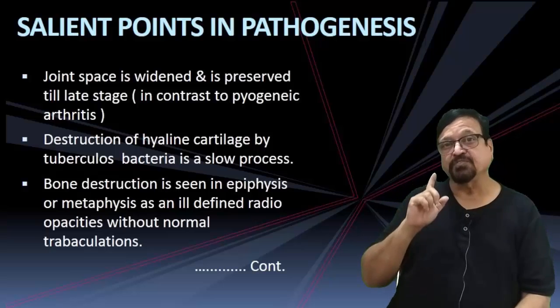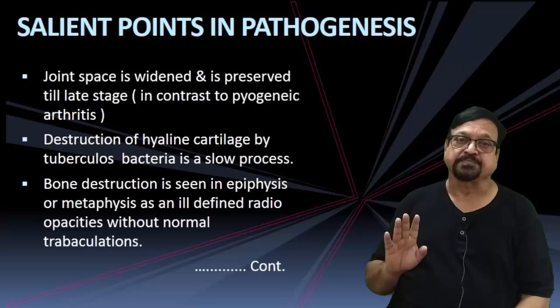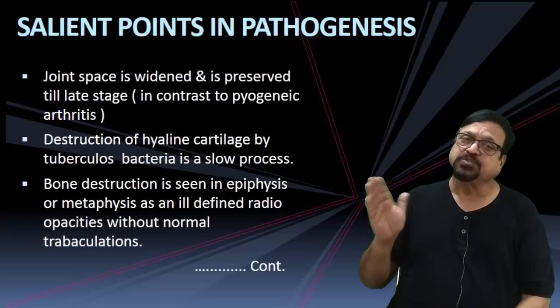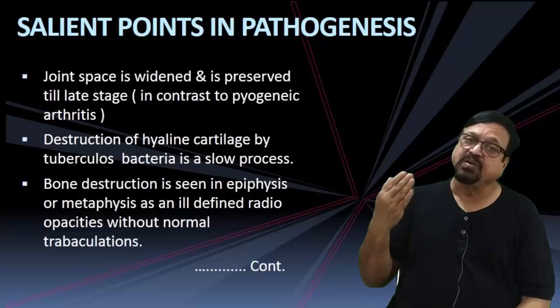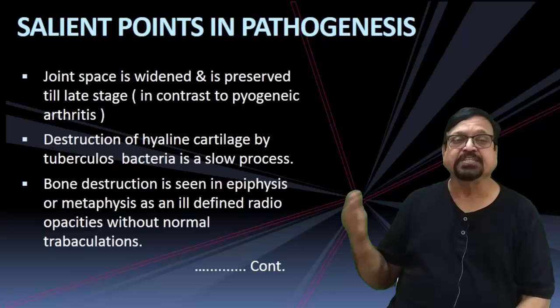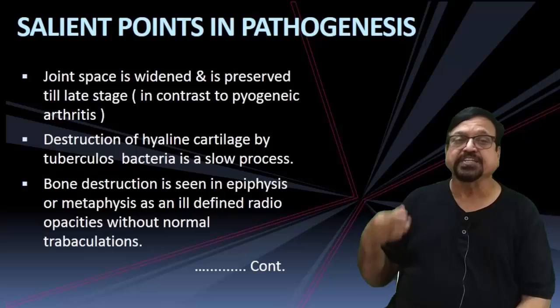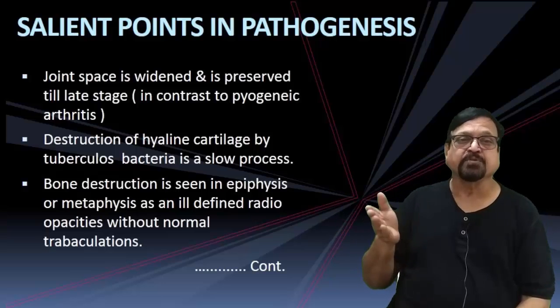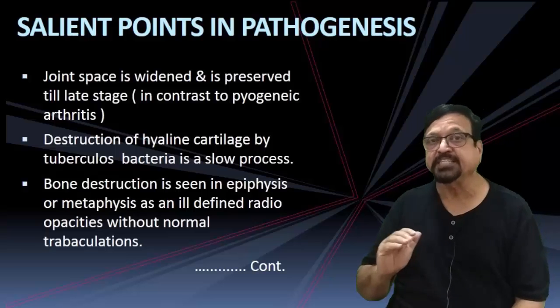Destruction of hyaline cartilage by tubercular bacteria is a slow process. So the patient has pain that goes towards chronicity, and if the X-ray is normal, we start thinking of tuberculosis. If the history is short and there are more destructive changes, we move away from the diagnosis of tuberculosis by and large. It's not a thumb rule, but it's by and large.